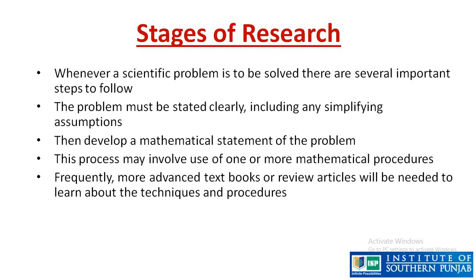Frequently, more advanced textbooks or review articles will be needed to learn about the techniques and procedures, because you have to do research at an advanced level, so you have to study advanced textbooks, review articles or research papers to learn the most recent techniques and procedures to solve that type of problem.